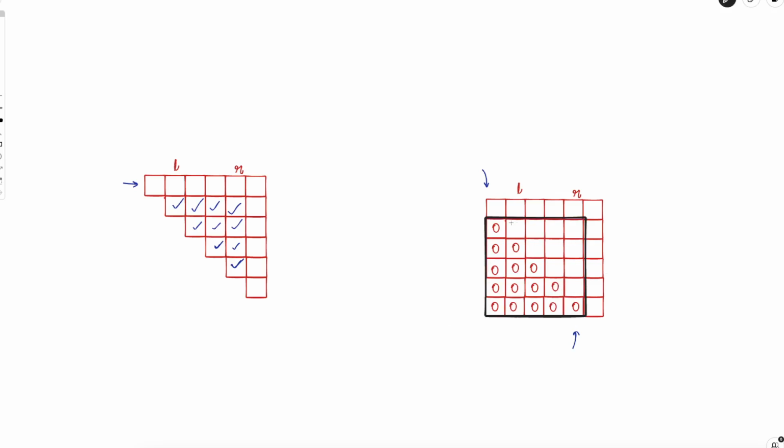Instead of finding out the maximum across these values, you can simply find out the maximum across these values to get your final answer. Now, how to find out the maximum in a submatrix that starts at the first column and also starts at the first row? Sorry, and also ends at the last row. So I would encourage you to pause and try to think for a moment by yourself.